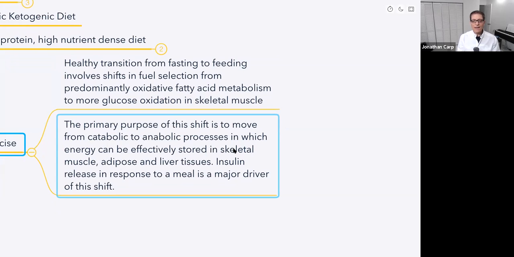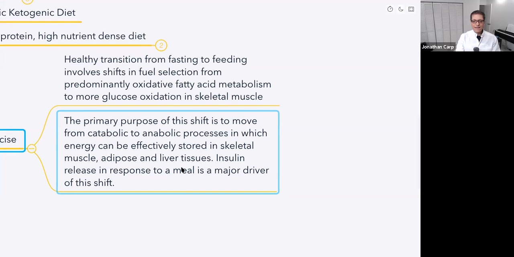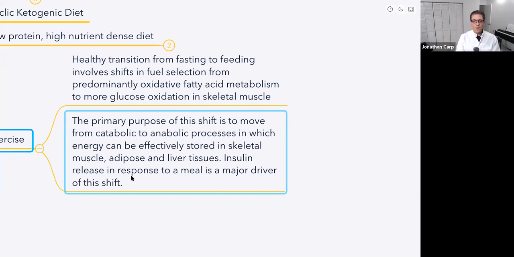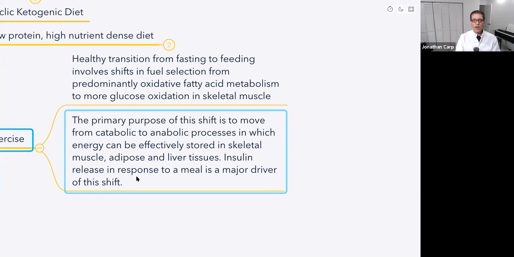It can be stored in muscle. Fat can be stored in fat, obviously, and glycogen can be stored in the liver. And insulin release after a meal is what causes this shift. So it's the food that is causing this shift.